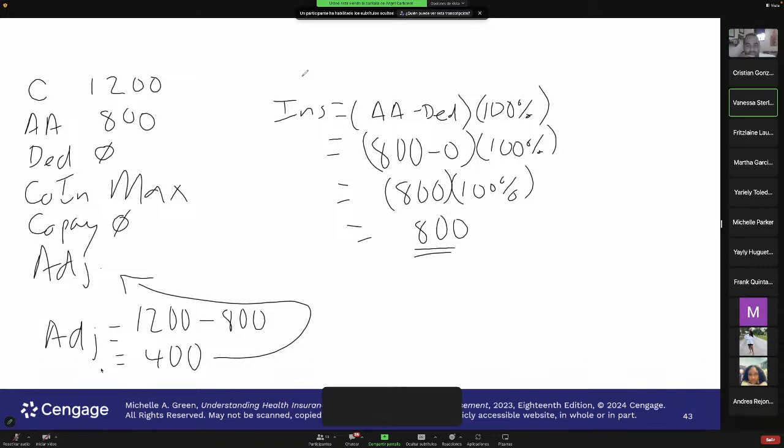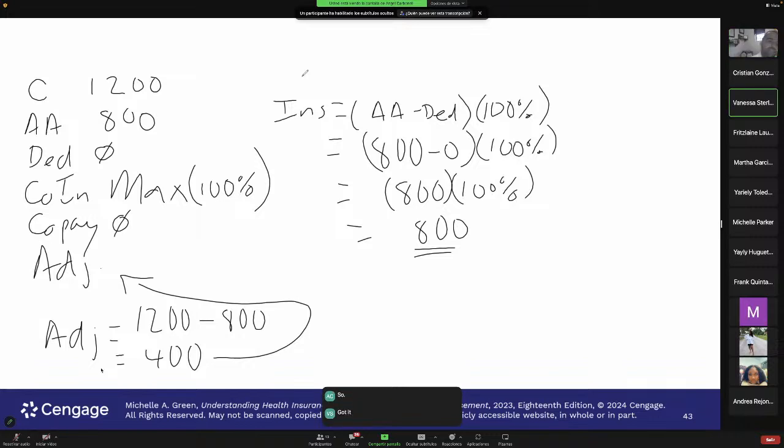Why do you put the 100%? What do you mean, why do I put 100%? I know it's the 800, the number 800, but the 100, is it because they'll pay the full percentage? Because maximum means 100%. Oh, okay, that's what I meant to say, because they pay the 100% maximum. Correct. So they pay 100% of the thing, and the patient pays nothing.